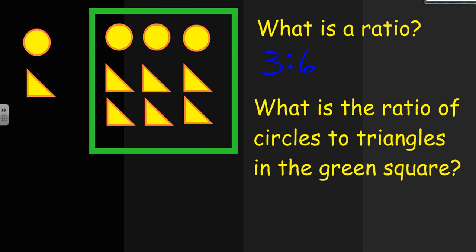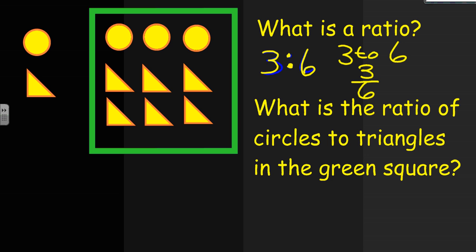Let me write that in yellow again so you can see it a little better. 3 to 6. That's circles to triangles. And if we wrote it again in word form, it would be 3 to 6. And if we wrote it to where it looks like a fraction, it would be 3 to 6.